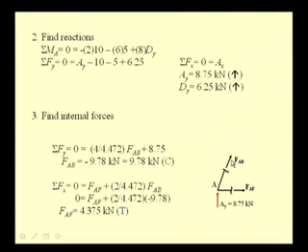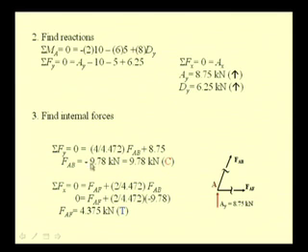Summation of vertical components is the vertical component of force in AB, that is FAB, sine of this angle, that is the angle between the member AB and AF, which in this case from the geometry is 4 by 4.472. So, FAB sin theta plus the vertical component of reaction, that is Ay, which is 8.75, should be 0, which gives that FAB should be equal to minus 9.78 kilonewton.